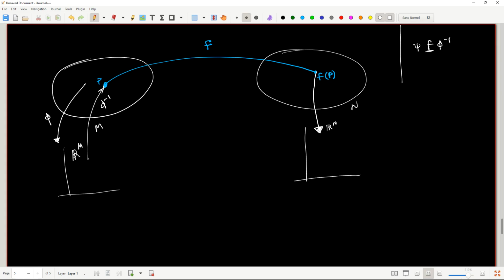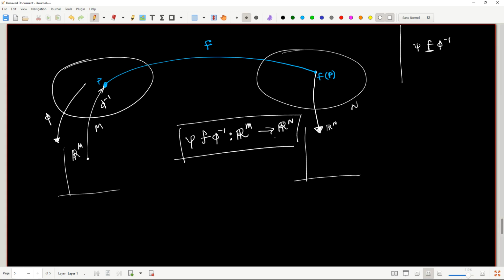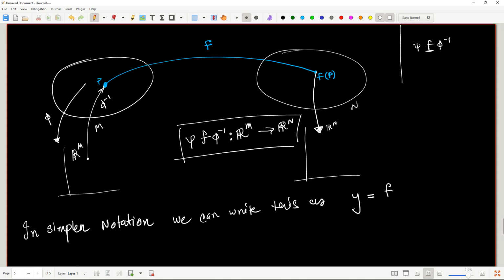That's the action of psi f phi inverse: it takes points from R^m to R^n. And in simpler notation, we can write this as y equals f of x, where x are the coordinates on R^m and y are the coordinates in R^n.